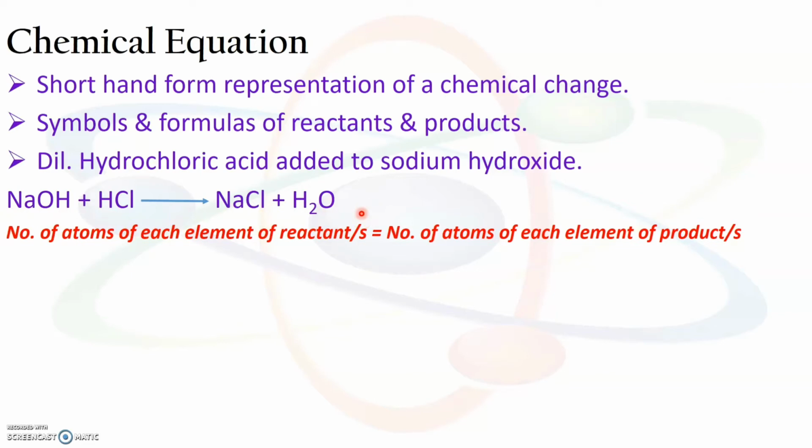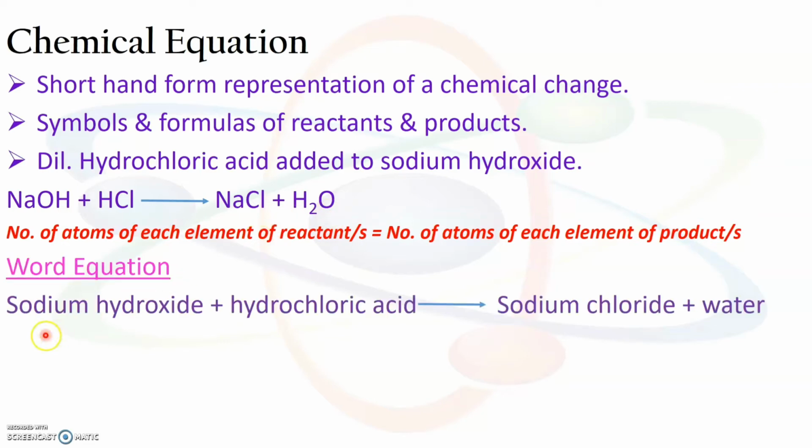Now let us see how do we represent this reaction in the form of a word equation. As you see here, we write it as sodium hydroxide plus hydrochloric acid. Again, an arrow which indicates the direction of reaction.